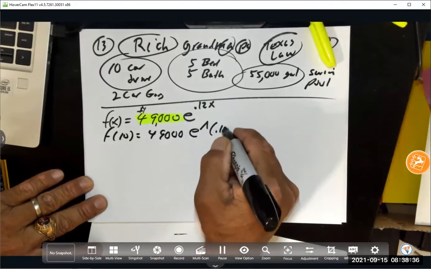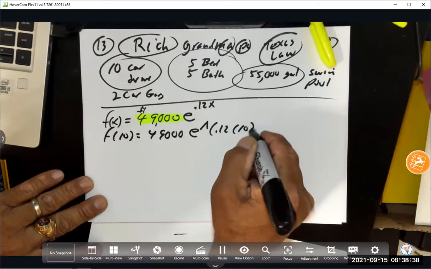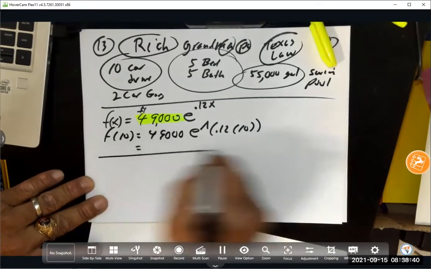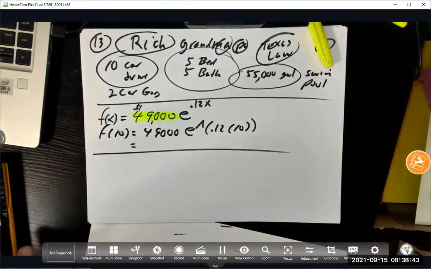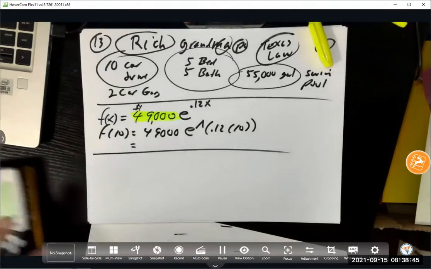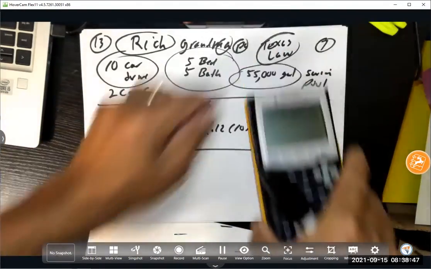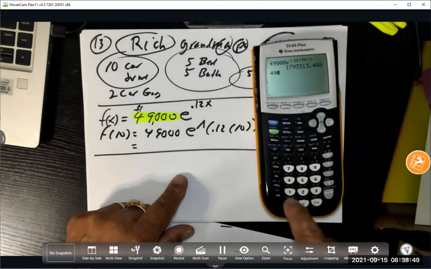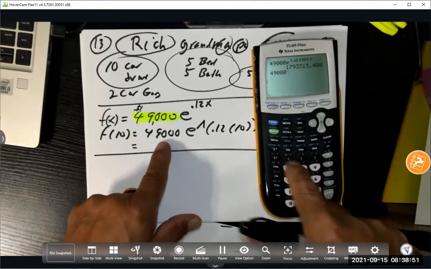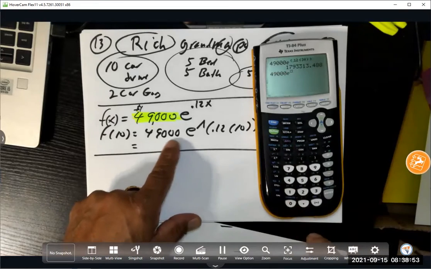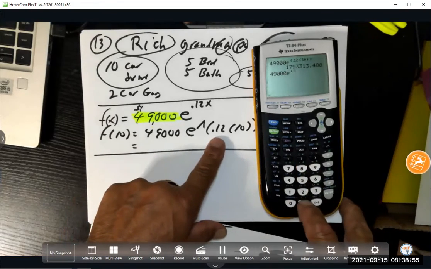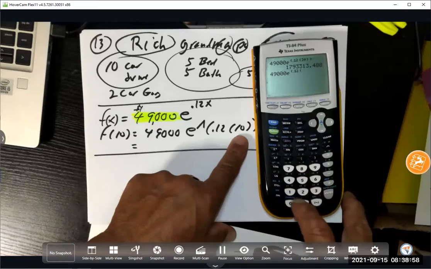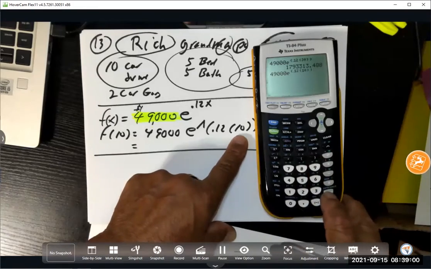Let's see if you can figure this out. Give me the 10-year price on this house. Do it in the calculator. 49,000 times e to the power of 0.12 times 10, and 10 years go by. All right, give me a number.